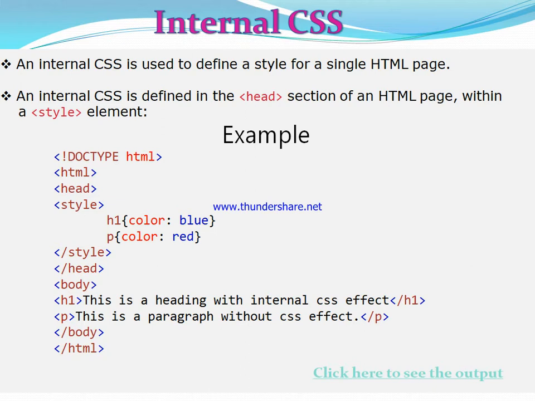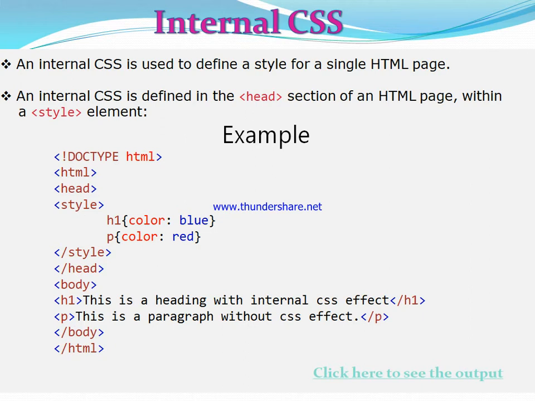Now see, in the body section there are two tags, H1 and P. The text enclosed within H1 is, this is heading with internal CSS effect, and in the P tag, this is paragraph without CSS effect.